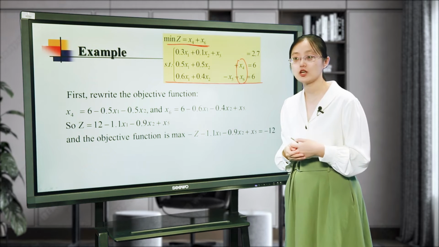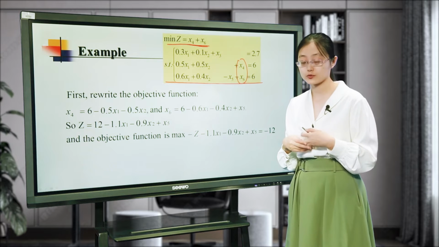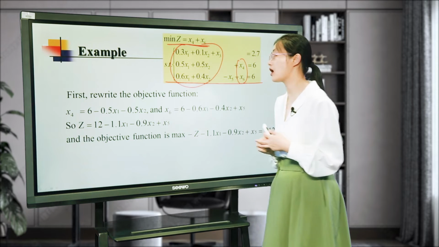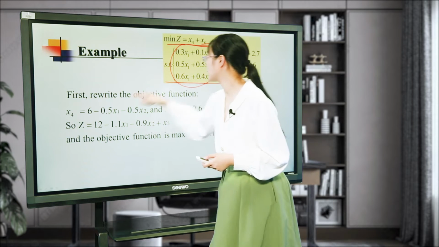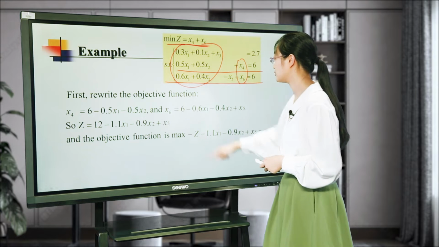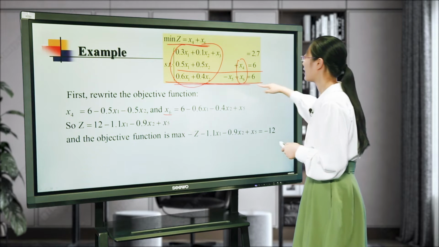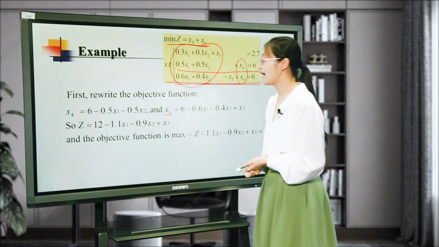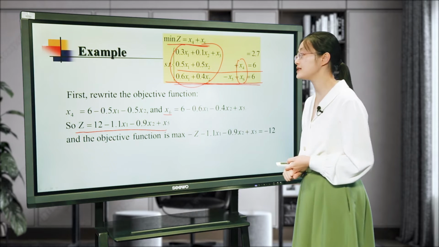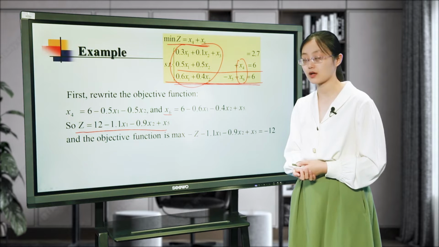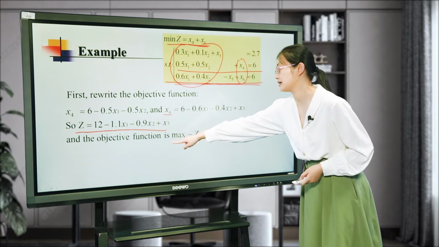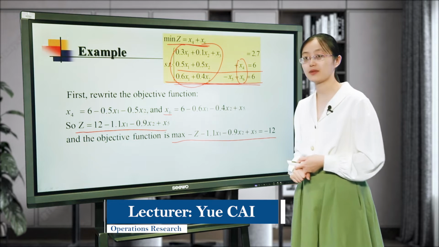So we want to make some changes so that our objective function is in terms of non-basic variables only. x4 can be expressed by this constraint, 6 minus 0.5x1 minus 0.5x2, and the same for x6, so solve for x6 from the last constraint, and then substitute them into our objective function to obtain an expression of z in terms of non-basic variables only. And then change z to the maximum form because this is the standard form required for the simplex method.